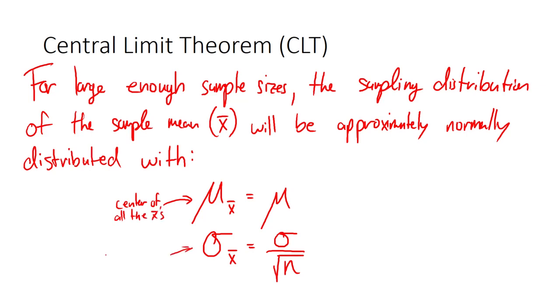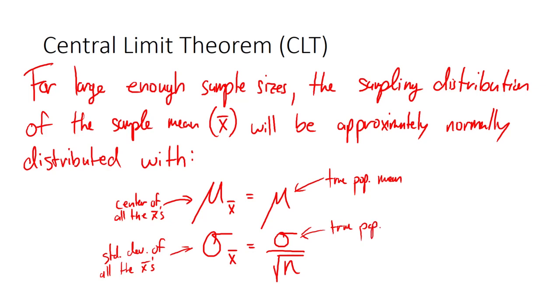This is the standard deviation of all the X bars. This mu over here doesn't have a subscript. This is the true population mean. And that sigma right there doesn't have a subscript because it's the true population standard deviation. And little n is always the same. It means sample size.